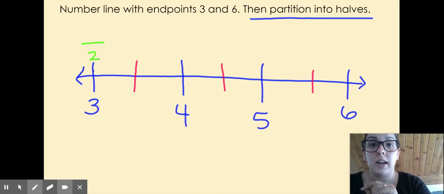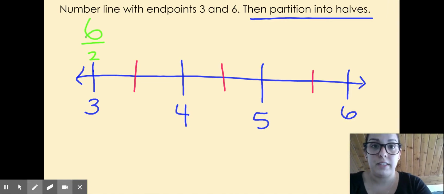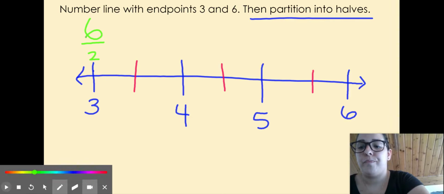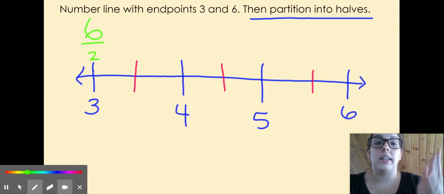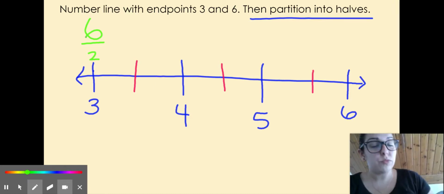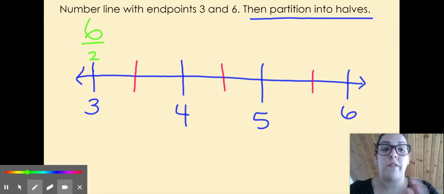So what is 2 times 3? 6. So you should have 6 halves. I always start with the whole numbers because I find it easier to identify and label my wholes versus the partitions to begin with. So let's all finish 4, 5, and 6.